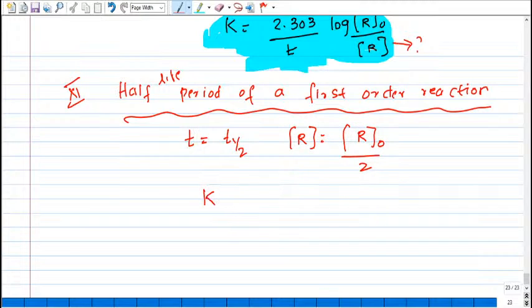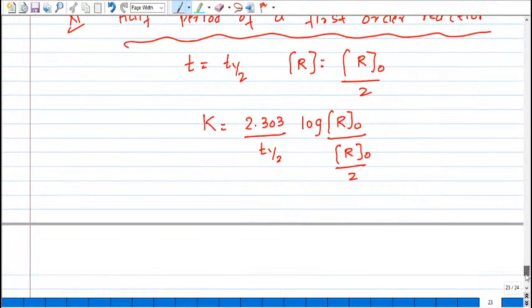You substitute here K is equal to 2.303 by t half, log R naught, I am writing as it is, divided by R naught by 2. Write down this. You can cancel this R naught, and 2 can be taken to the top. So K will be equal to 2.303 by t half, it is log 2.